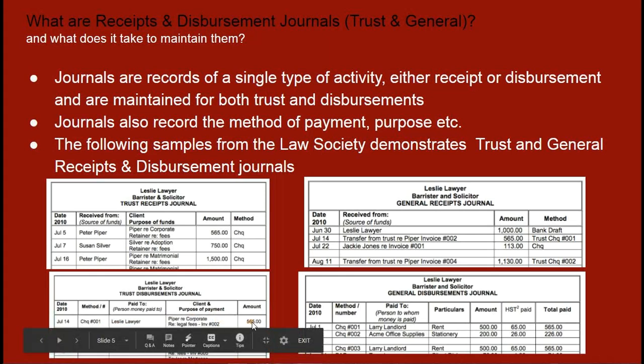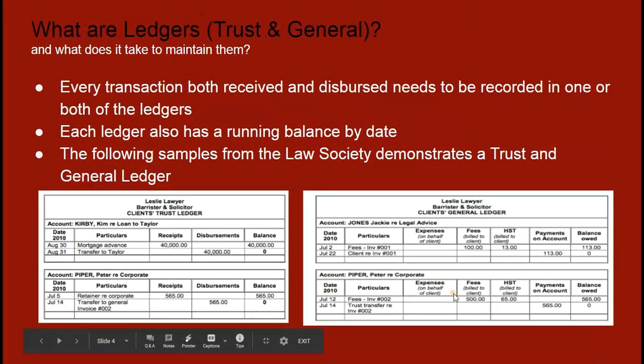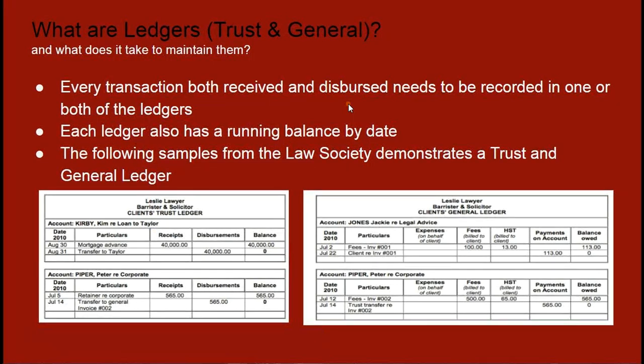This is how money left that trust account, and that also relates to our ledger document, that on July 14th, that money came into the general account and also left the trust account. So as you can clearly see, again, I'm repeating this, hopefully so that I can make this a little bit clearer. But if I'm repeating myself and kind of preaching to the choir, I apologize for that.